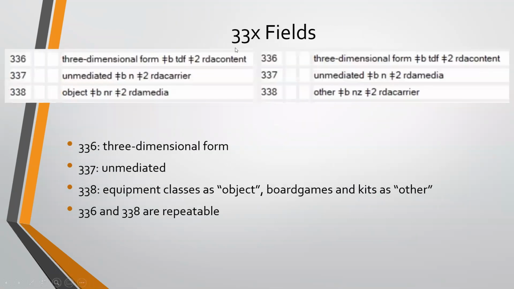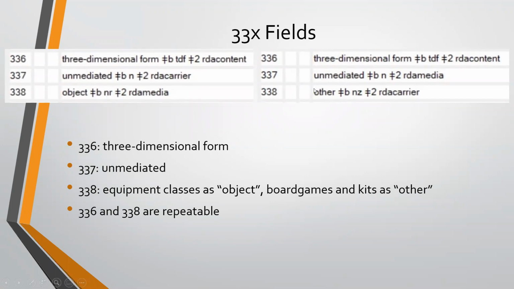Our 33X fields, 3-dimensional form, unmediated. Here in our 338, we have object for the printer. So equipment, my brick bookends, the piece of wood from Hartwell Lake, these would be objects with NR.